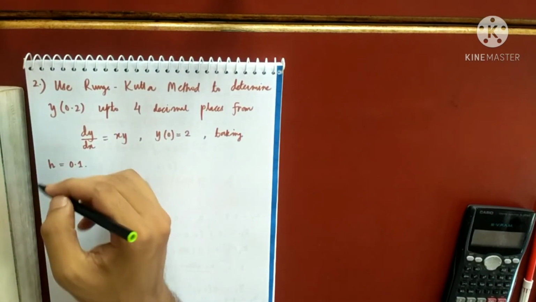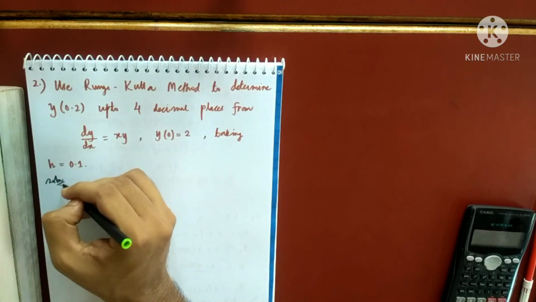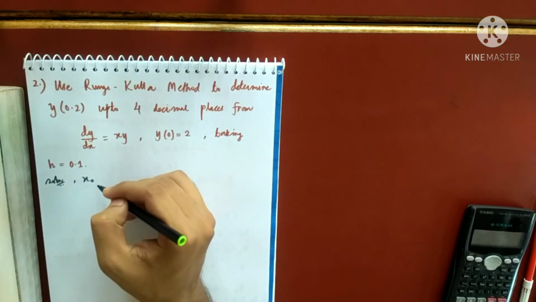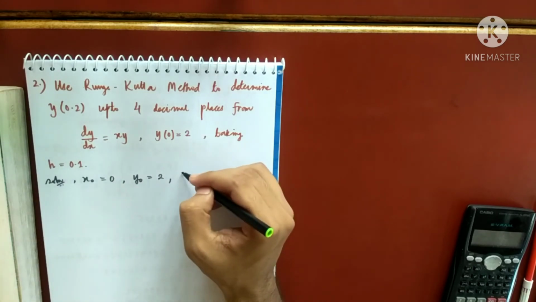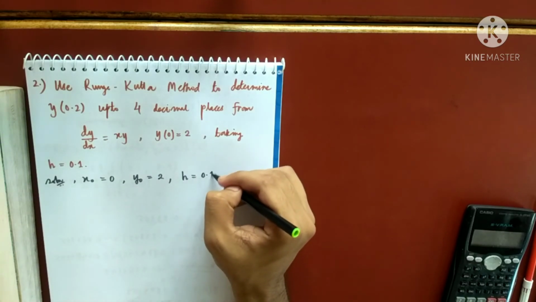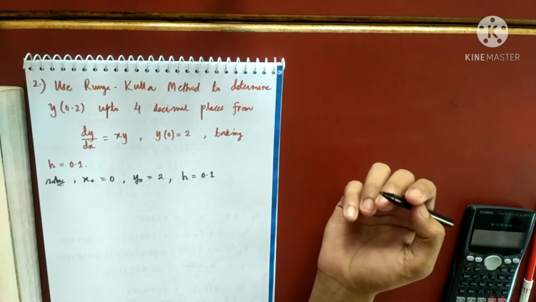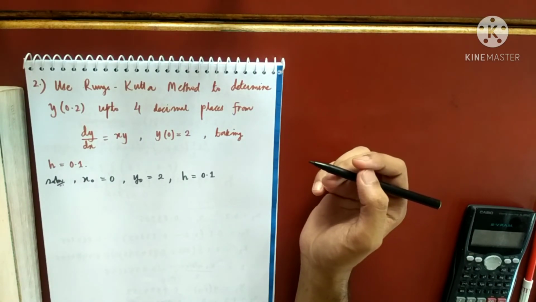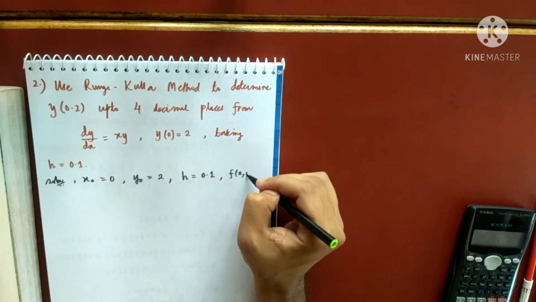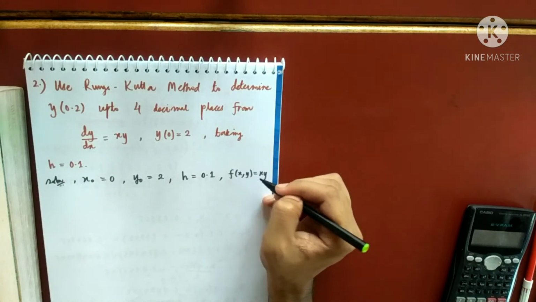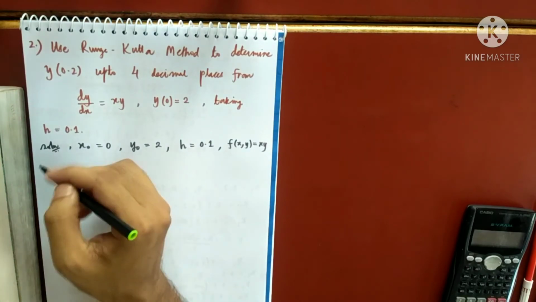So only 2 iterations will be there. Let's solve in the same manner. So write all those things. What is x naught? x naught is 0, y naught is 2, h is 0.1, and the function is x into y. Okay, so let's start the iteration. We'll first find k1.